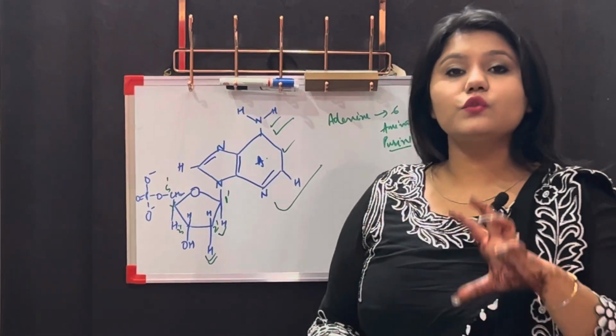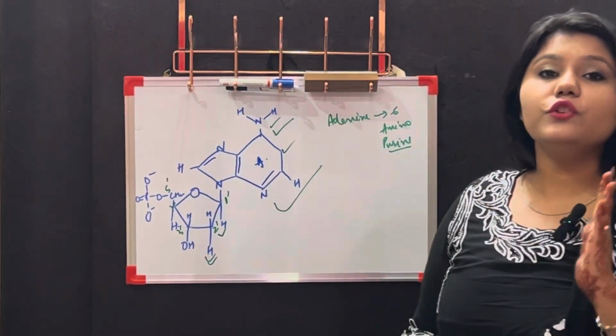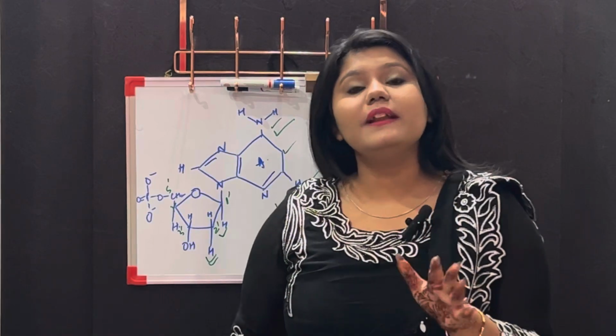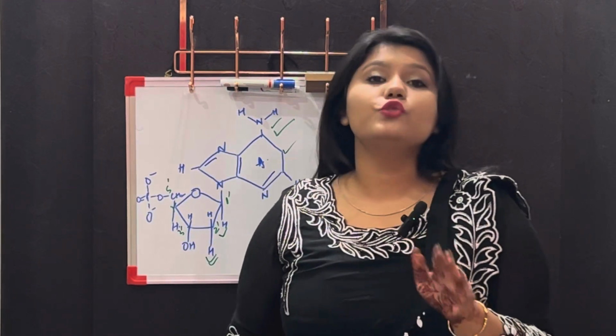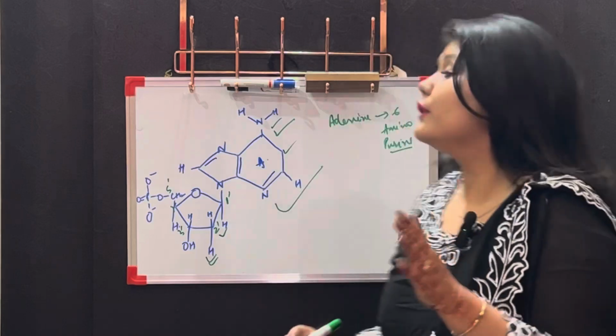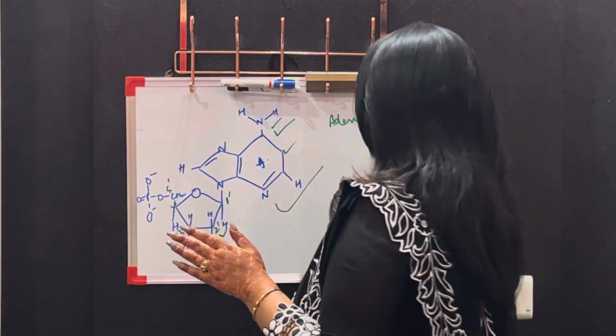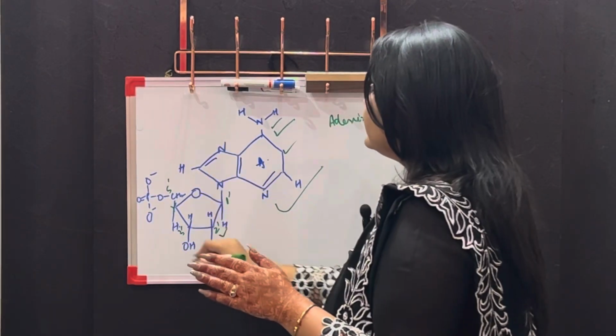Now I'm going to tell you the structure of the sugar. The sugar that is present in your nucleic acid is the ribose sugar. Which sugar is present? Ribose sugar is present. So when we talk about the ribose sugar, it forms this kind of structure.